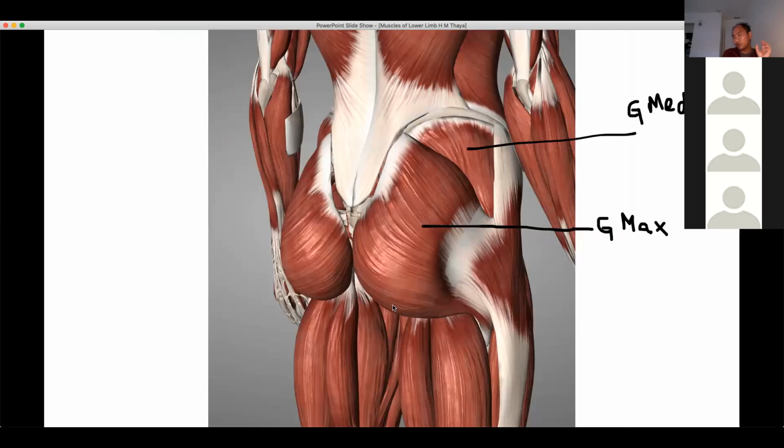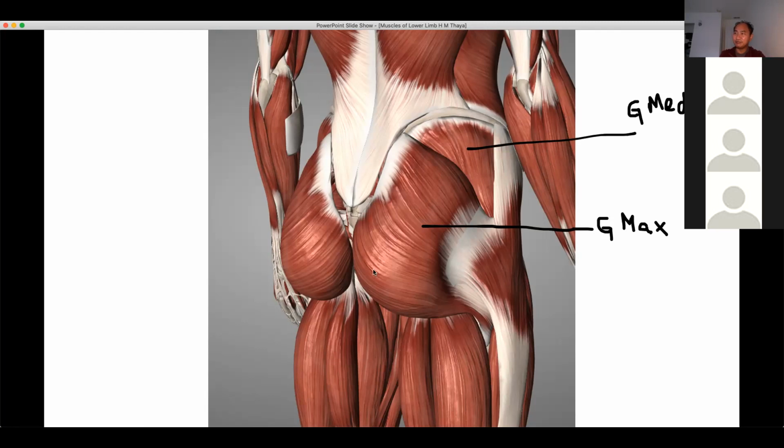Okay, let's put all the muscle back. Let's take the skin off. No more skin. We can see the big muscle at the back of our buttock, which is gluteus maximus. Maximus means big, large, the largest muscle of the gluteal region.